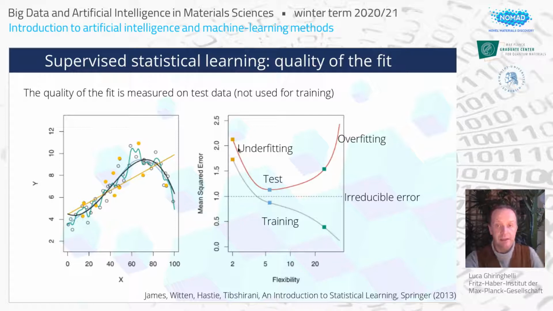The other is the test error, basically the error that we make on the data that are not used in the fitting, and this tends to go down when the flexibility increases for a bit, and then goes up. This branch of the curve is typically called overfitting, and means that the fitted curve follows the input data too much and is not able to generalize.